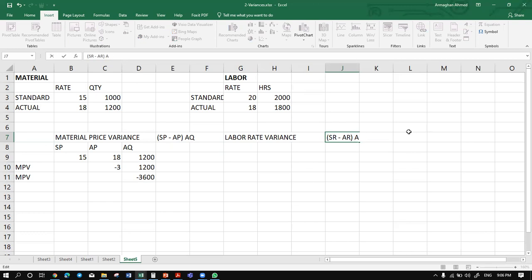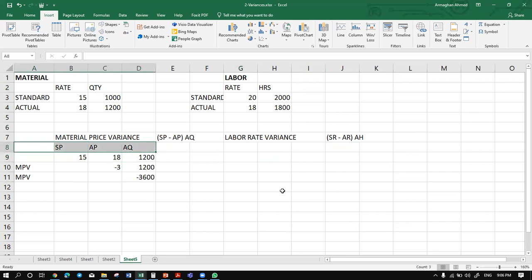Instead of quantity, I can write actual hours. Okay, this is the formula. So can you calculate the same way I did? Yes, sir.